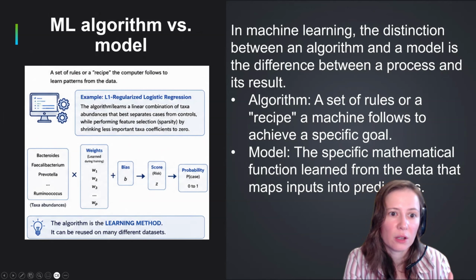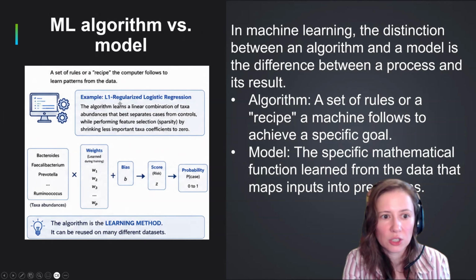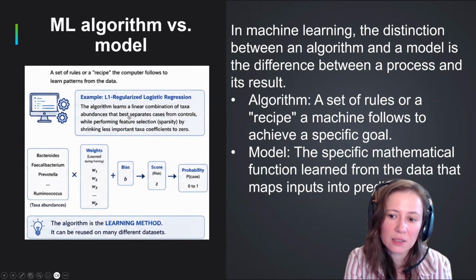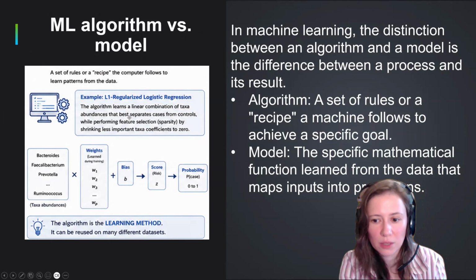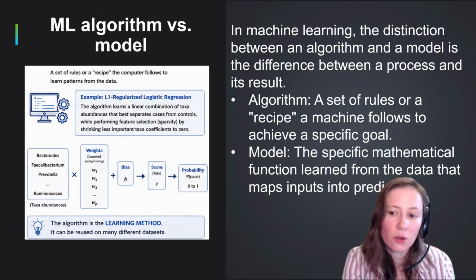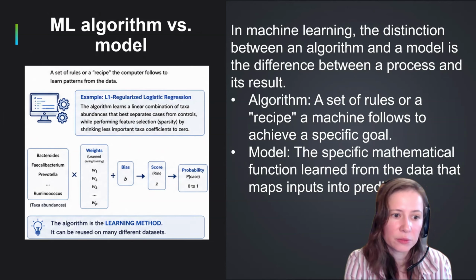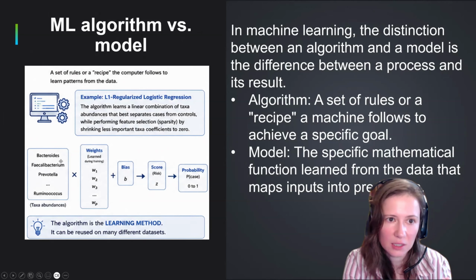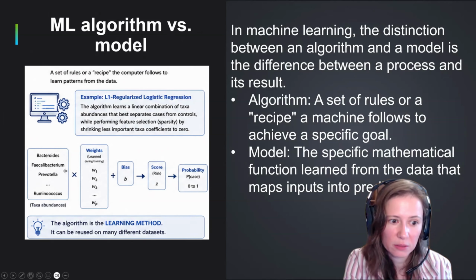There is also L1 regularized logistic regression as this example here. There is also principal component analysis. That's another method that will make your model fit to the data. There is random forest. That's another algorithm. So the methodology to create your model is the machine learning algorithm.